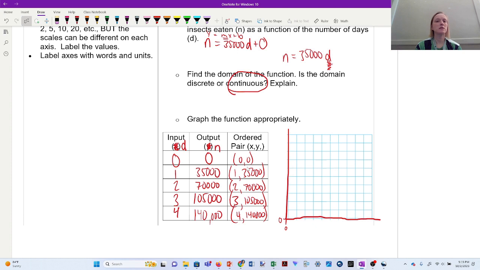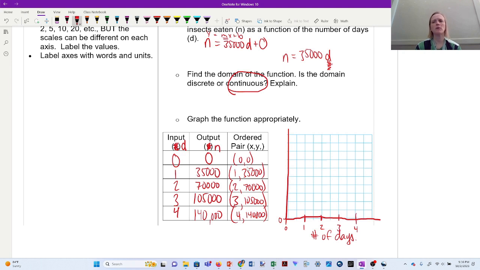Our independent variable goes on the x-axis here, so this is going to be the number of days. And we want to use up as much of the graph as we can, so we'll say this is 1 day, this is 2 days, this is 3 days, this is 4 days.